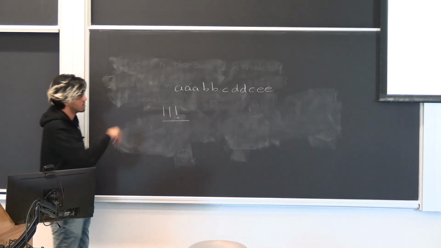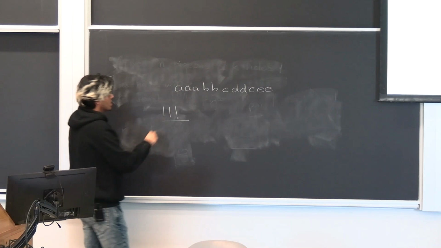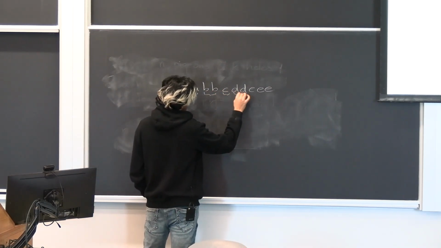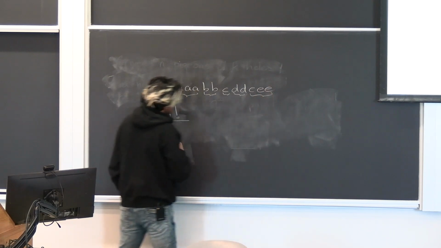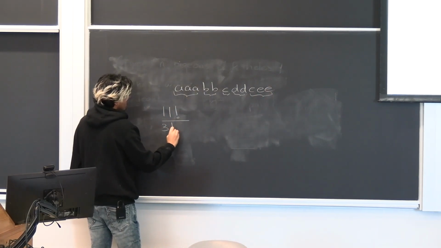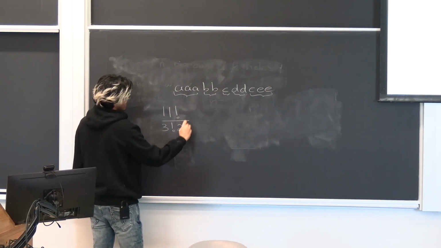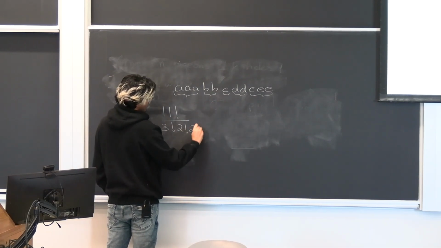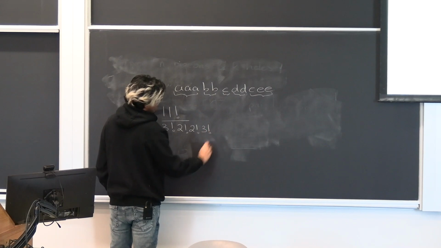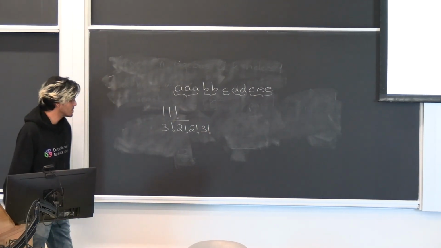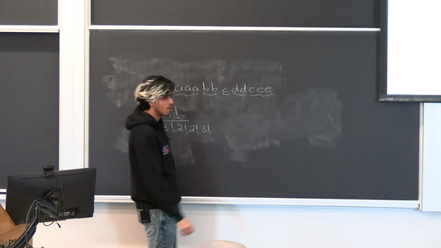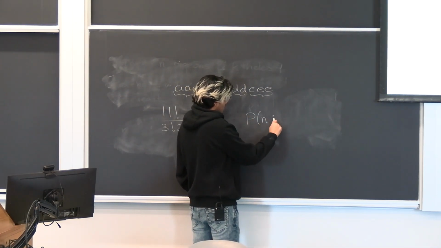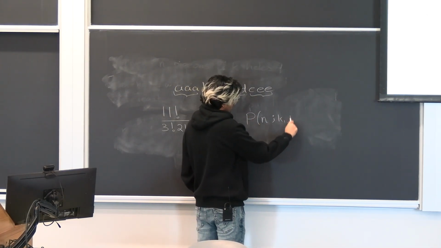But because there's repeated items, you have to divide by the factorial of the counts for each of these. So it's 3 factorial, 2 factorial, 1 factorial, you can skip, 2 factorial again, 3 factorial, right? So I'm not sure if you've seen this in class with something written like this.